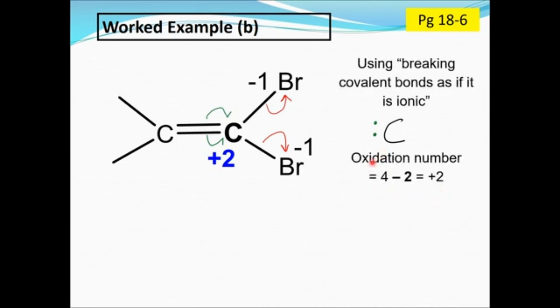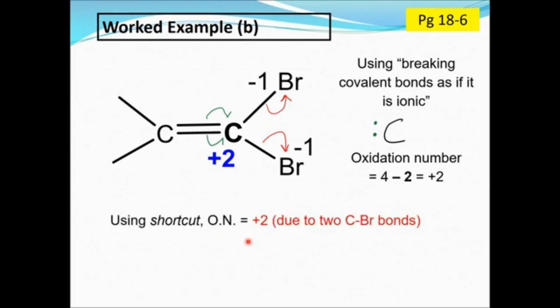So this is what it means here, there are 4 valence electrons. If you see the examples in page 18-5, they all start with 4 minus something. So how many electrons are currently present now? Is it 4, more than 4, or less than 4? If I do the shortcut, it'll be a little bit easier. It's +1 each, so it's actually +2 for the oxidation state because each bromine contributes +1 to the carbon.